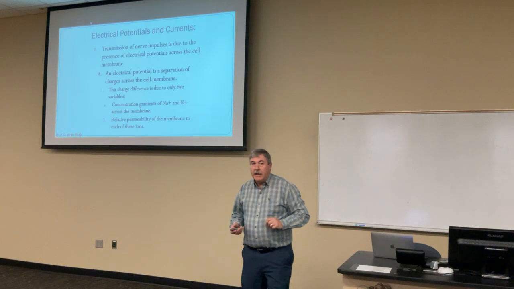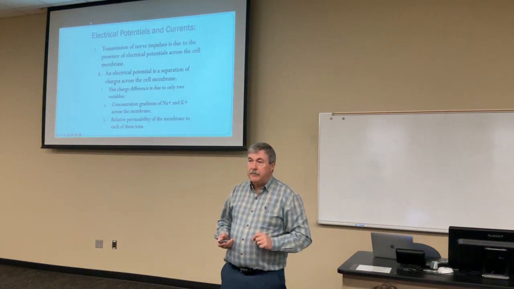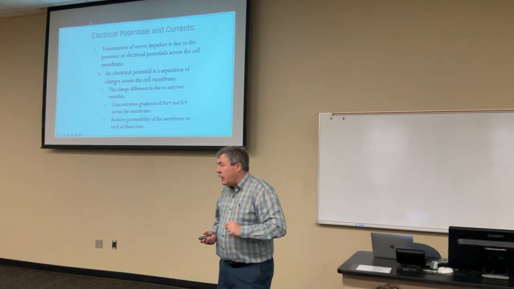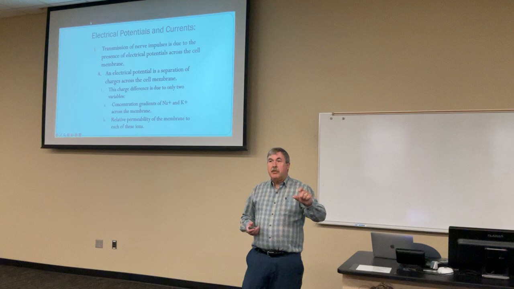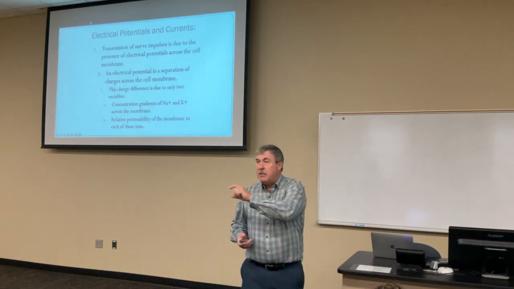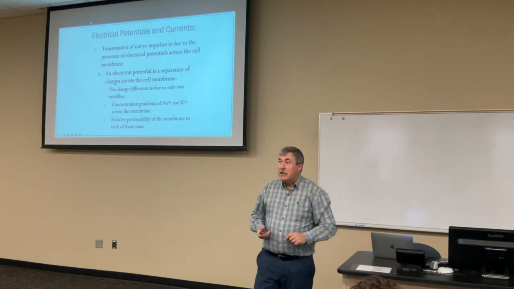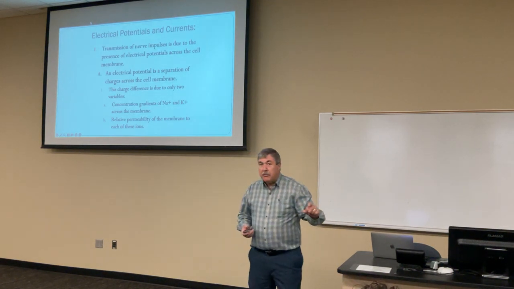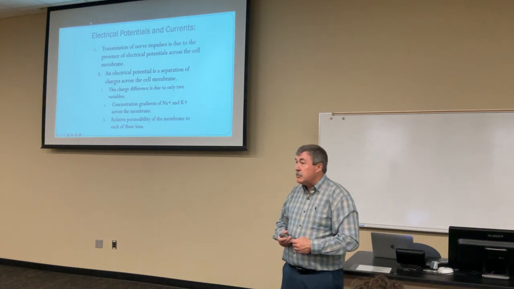Sodium, on the other hand, is not very permeable in the membrane at all. Sodium ions are positively charged. And remember, the middle of the membrane is a nonpolar environment. The middle of the membrane is made up of fatty acid chains. And those fatty acids are nonpolar. Polar substances don't mix very well with nonpolar substances.